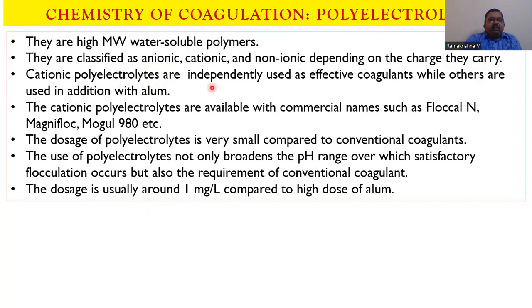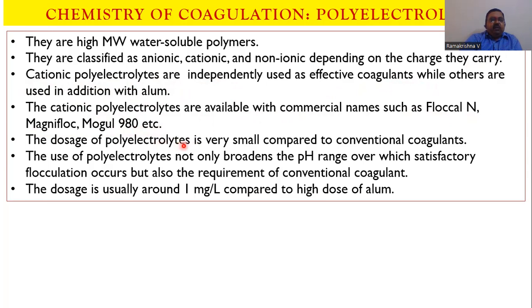Cationic polyelectrolytes are independently used as effective coagulants, while others are used in addition with the alum. Normally we use the cationic polyelectrolytes in the water treatment system because they can be independently used, right? The cationic polyelectrolytes which are available are Flocalian, Magnifloc, Mogul 90, 980, etc.